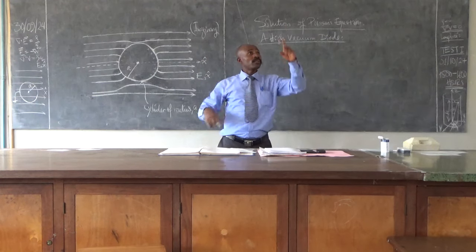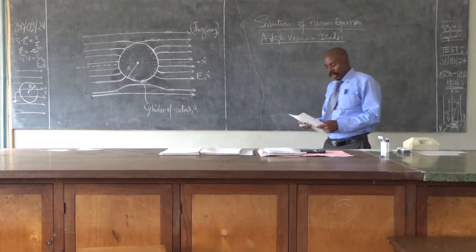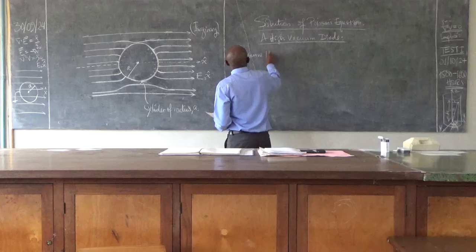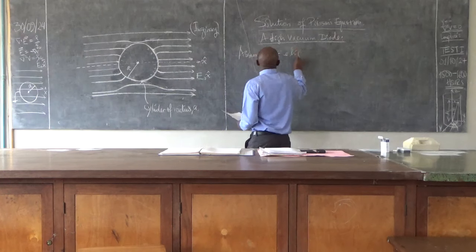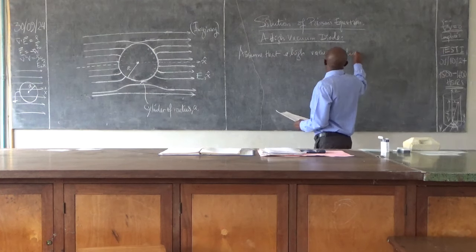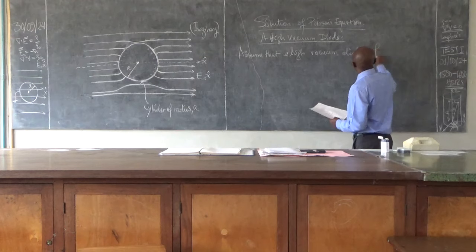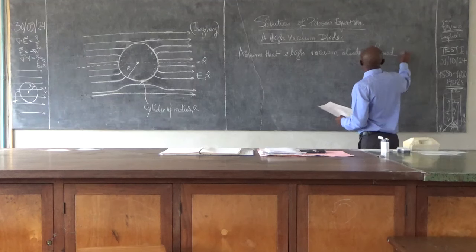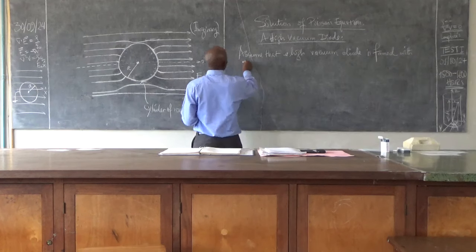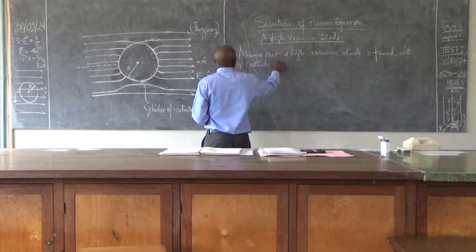So now we are getting back to this slowly by slowly. So assume that a high vacuum diode is formed with a cathode and anode.